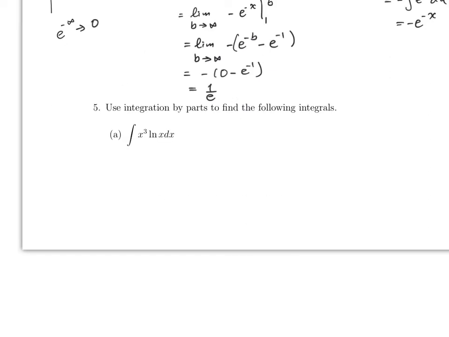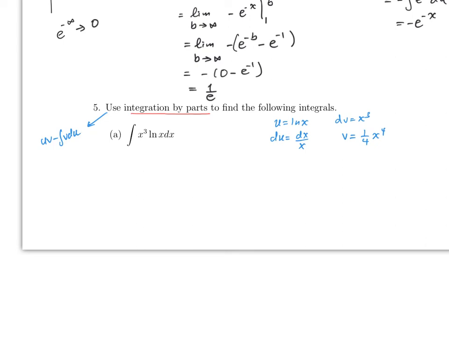And number 5 is asking you to use integration by parts to solve the problem. We're going to pick u to be ln x and dv to be x cubed. So that means that du is 1 over x dx, and v will be 1/4 x to the 4. Remember, the integration by parts formula is equal to uv minus the integral of v du.